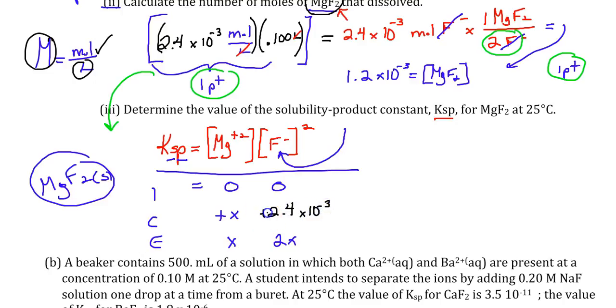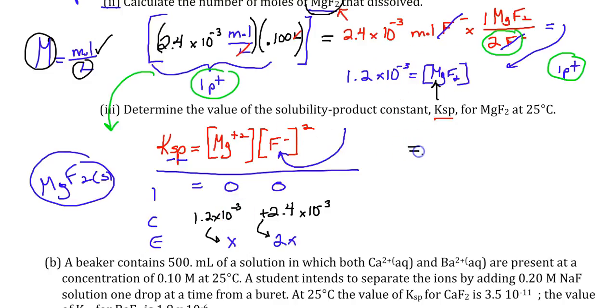And then of course we indirectly got the Mg2+. Mg2+ is going to be half that, right? So it's 1.2 times 10 to the negative 3. Notice there's 1 magnesium per 1 MgF2. Now, of course, plus 0, it's the same number. So you didn't have to do this part. You can recognize that that was the value.